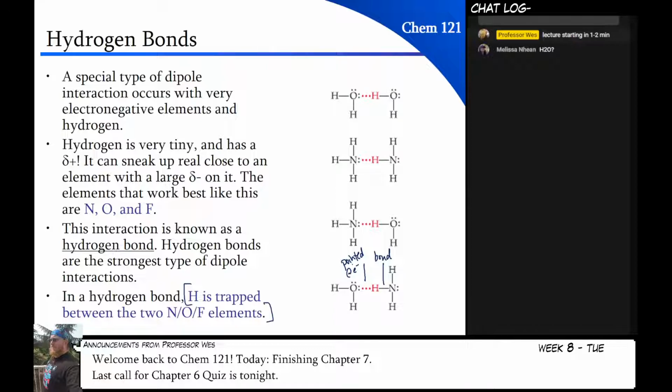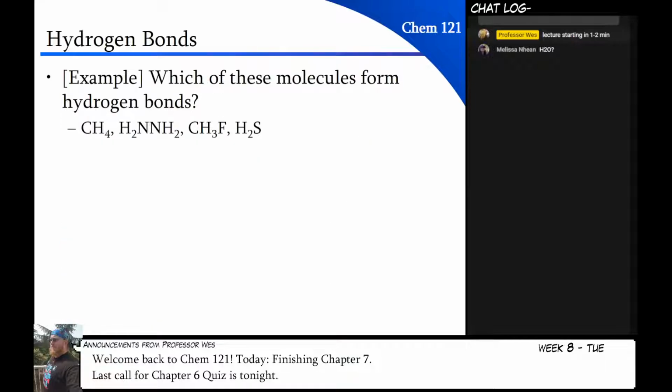So that's what I mean by it's trapped between these 2 elements. I don't just mean spatially in any orientation you want. It has to specifically be like this. All right. There's our hydrogen bond circled there.